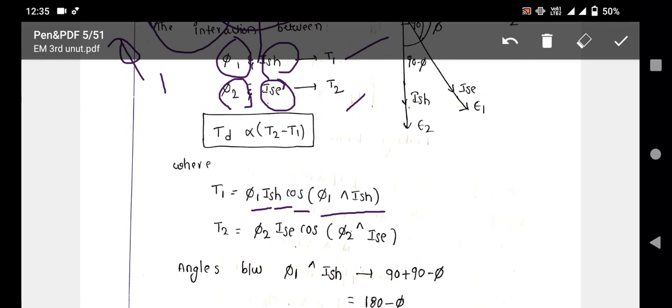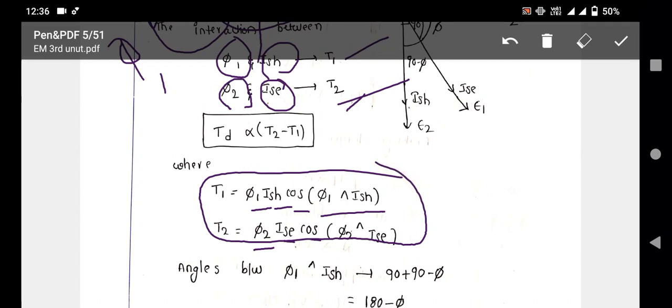Similarly, torque T2 is produced between phi 2 and ISC, that is phi 2 ISC cos of the angle between phi 2 and ISC. These are the two torques. Now the angle between phi 1 and ISH from the phasor diagram is 90 plus 90 minus phi, it is 180 minus phi.